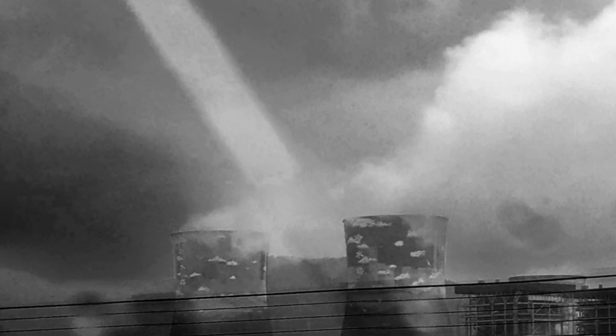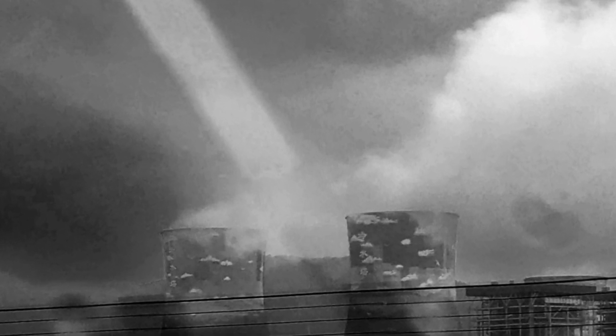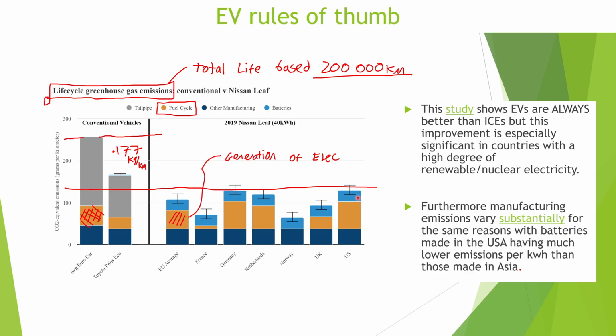So batteries from China are going to have a higher embedded CO2e figure than those from America. So again, when we look at these kinds of products, we really need to think about where they're coming from and what technologies they're using, because there is a very big variation there.